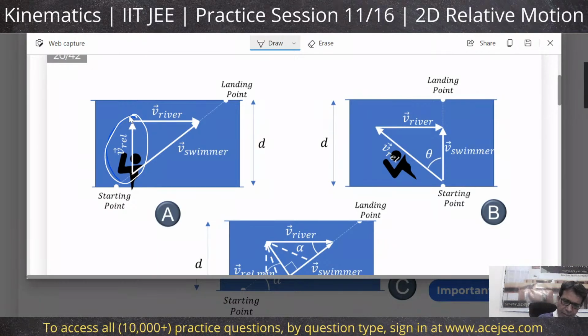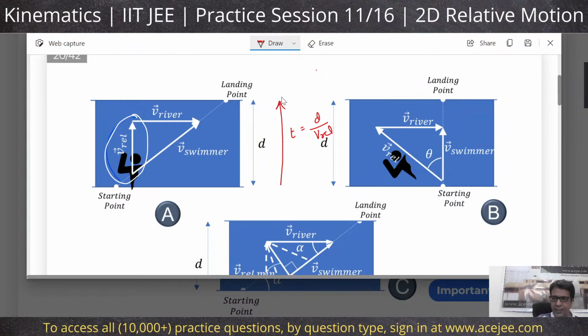Then they should travel straight in the direction towards the other shore. The time taken would be distance d divided by this speed, v relative. Now he has reached here.